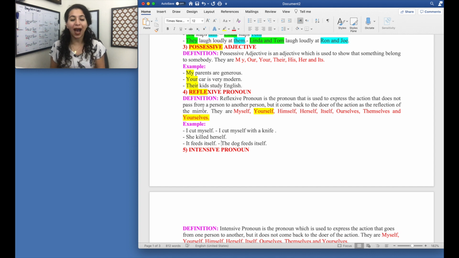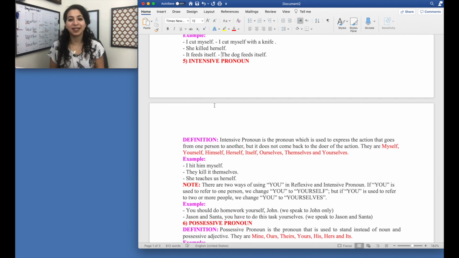So "I cut myself" means that I is the subject, myself is the object, and it comes back. So I and myself are the same person. She and herself are the same person. So it comes back to the speaker. We don't use myself, yourself, herself at the beginning of the sentence because they are not the subject.